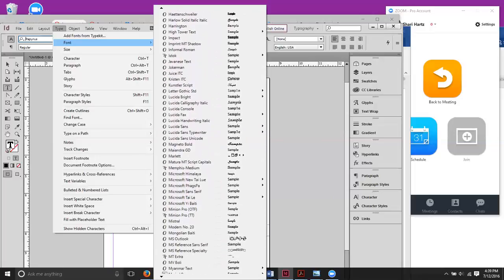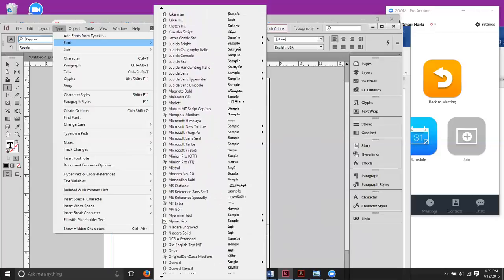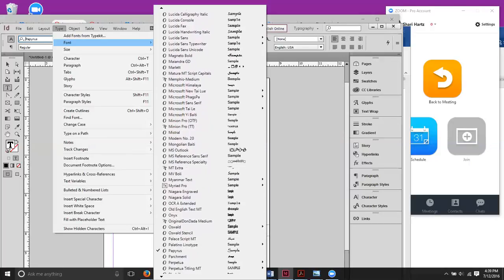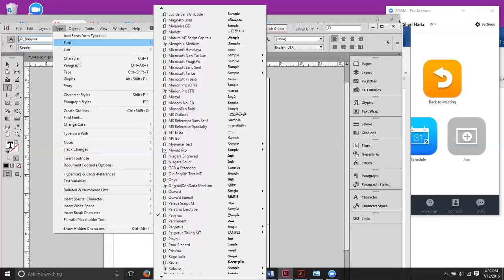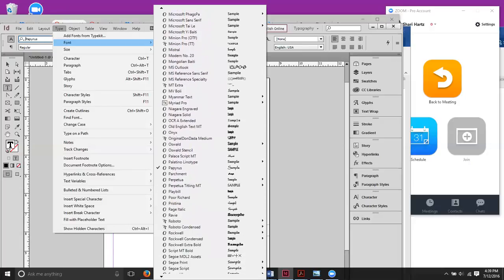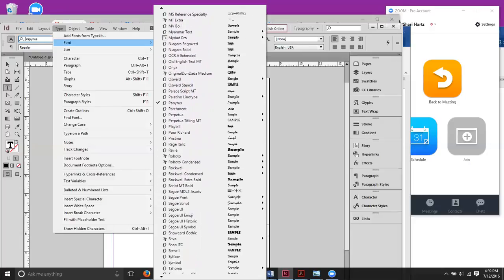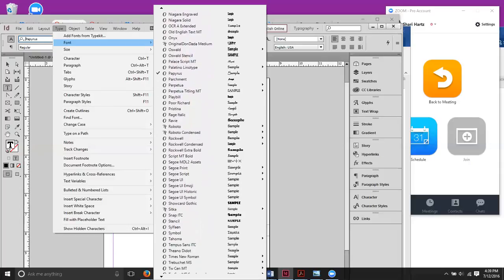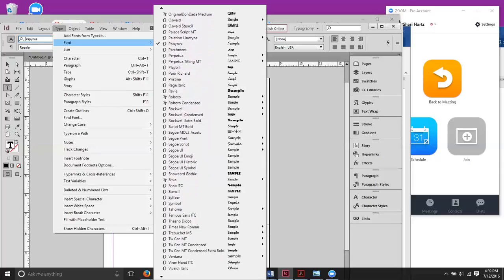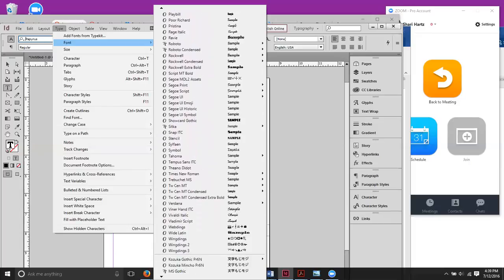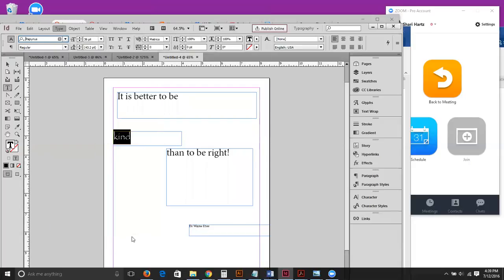I don't like it because the letters don't have good spacing between them. I don't know. I kind of like Papyrus for this one. You guys probably can't see my fonts very well, so it probably doesn't help you. Let's just do Papyrus. Okay.